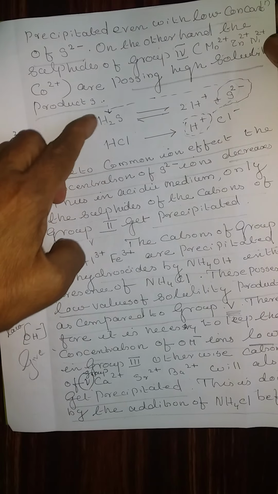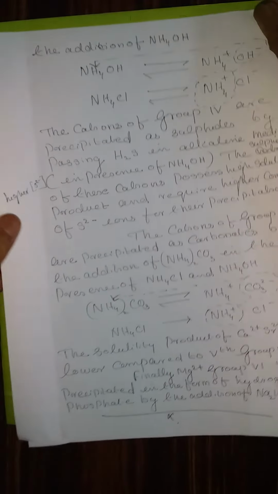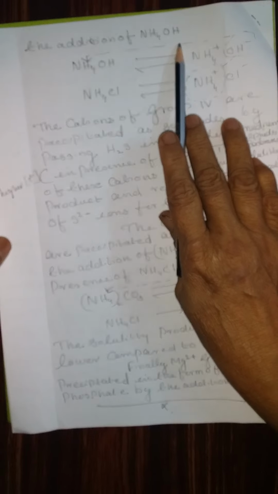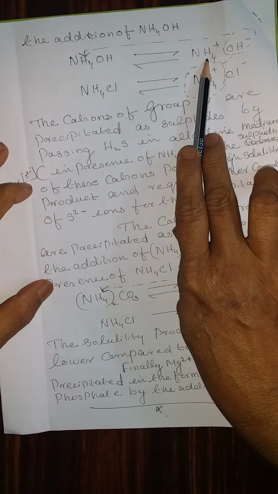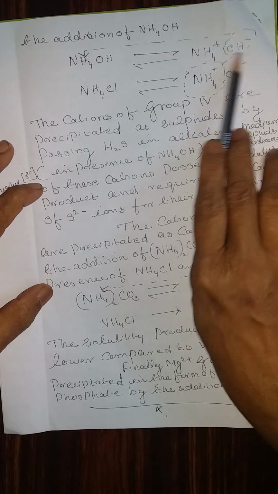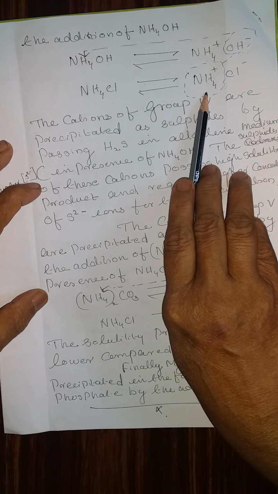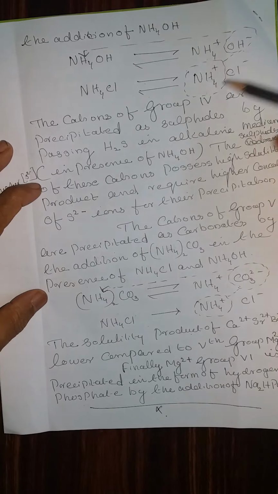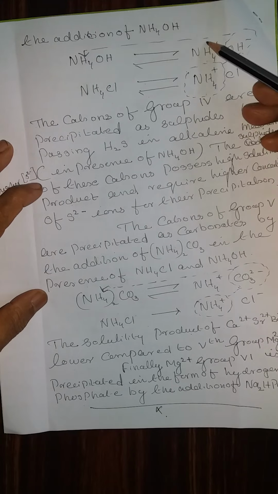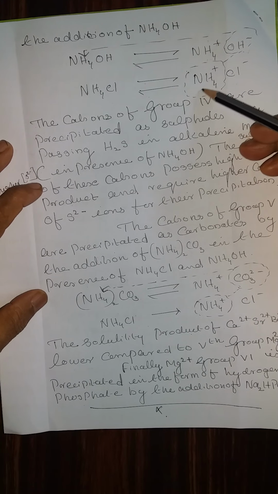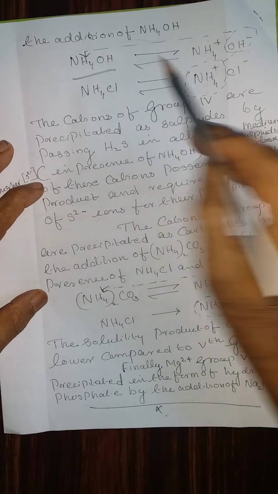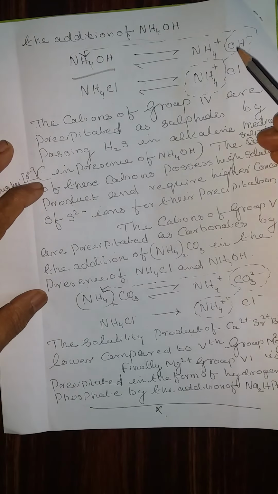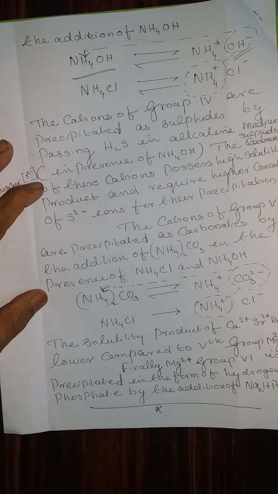Just like H2S and HCl, because of the common ion effect, NH4OH ionizes as NH4+ and OH-, and NH4Cl ionizes as NH4+ and Cl-. The common ion is NH4+. NH4+ combines with OH- and undissociated NH4OH is formed, reducing the concentration of OH-.